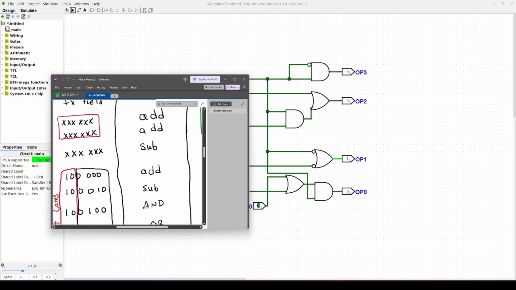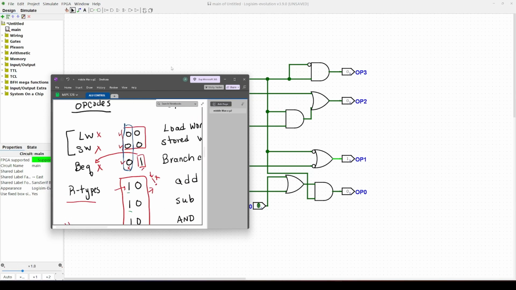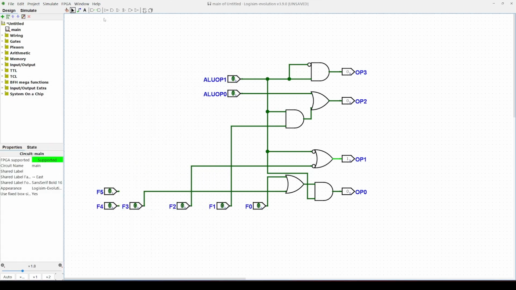It really doesn't matter what these other options are, it will always show 0010, because that's what we want.